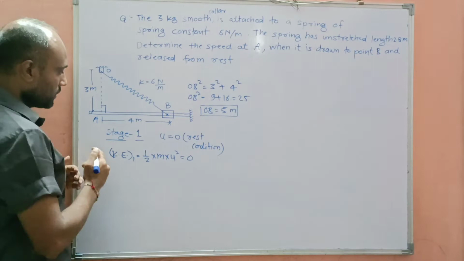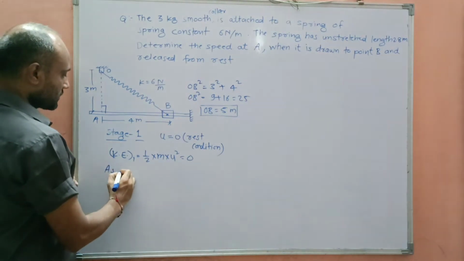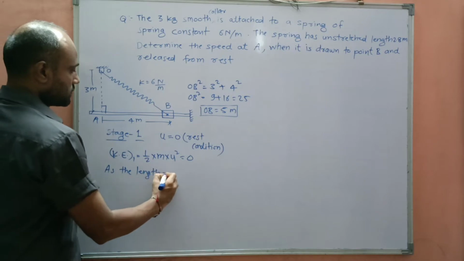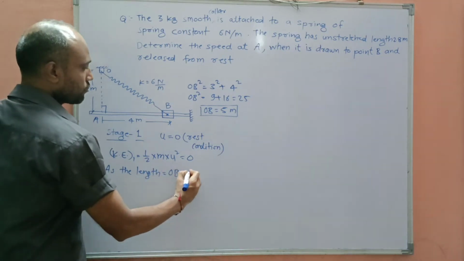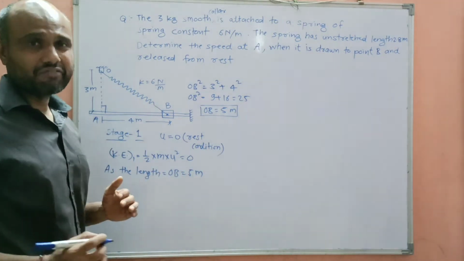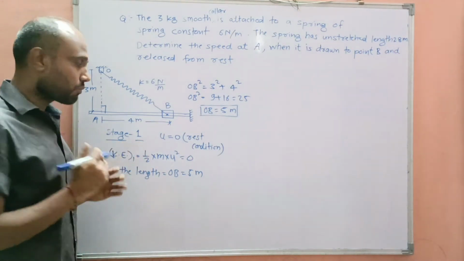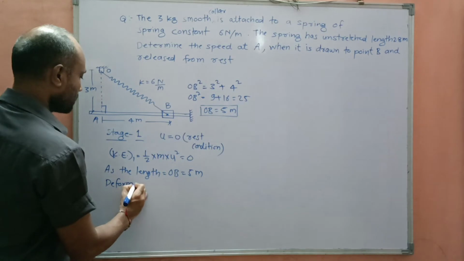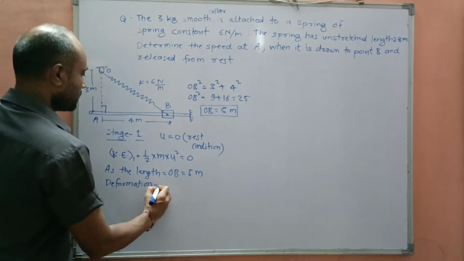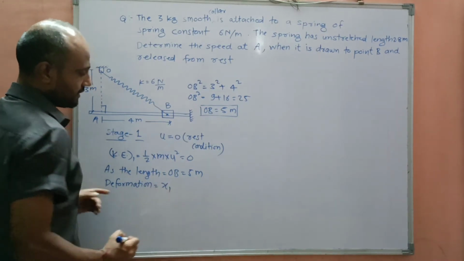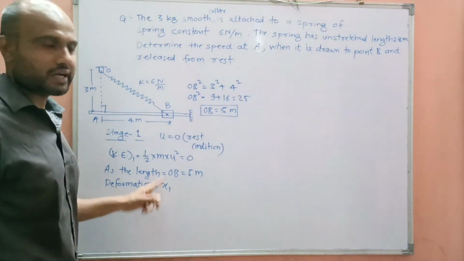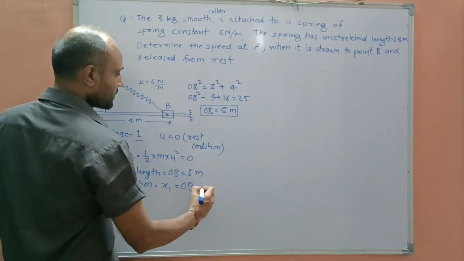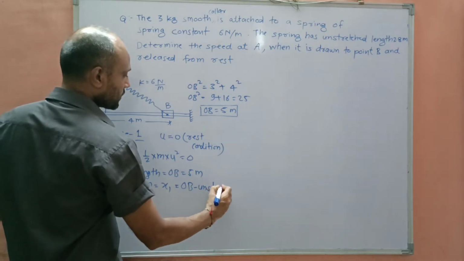Now, as the length OB is equal to 5 meter, what is the deformation of the spring? We have to calculate the deformation of the spring. Let us say x1 is the deformation of the spring at stage 1, which will be equal to OB minus the unstretched length of the spring.